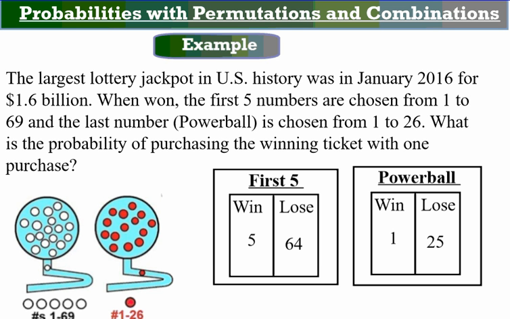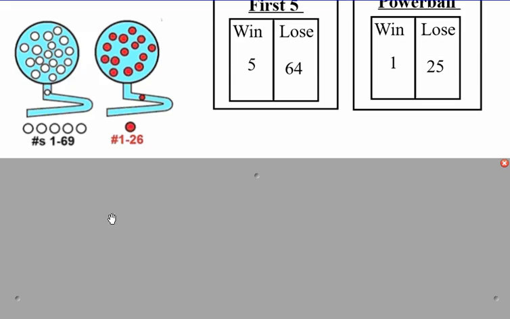So what we need to do is calculate, well, there's only going to be one winning ticket. That might be easy enough to recognize. We really need to calculate the total number of possible tickets that can occur. So for the first five, it's going to look like this.